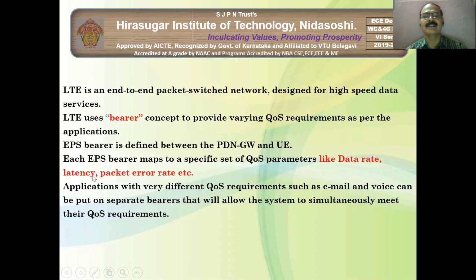Data rate, latency, and packet error rate will be different quality of service parameters for each. Whether we are sending email or voice, these are different, so they are put on different bearers. So the EPS bearer will come, and the different types, email and voice, will be given different quality of service requirements.